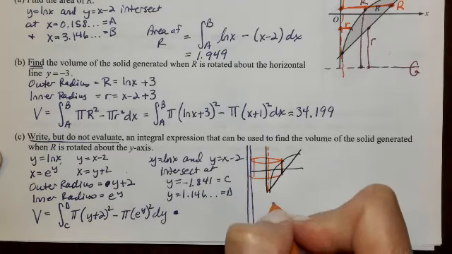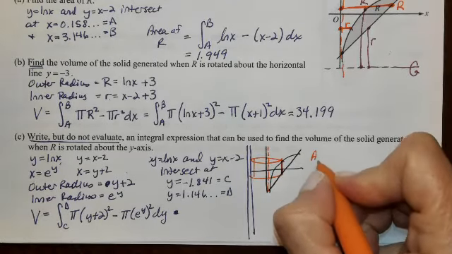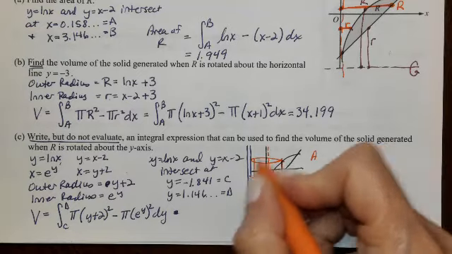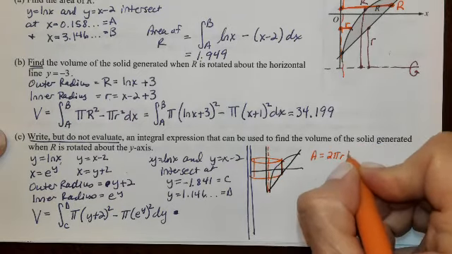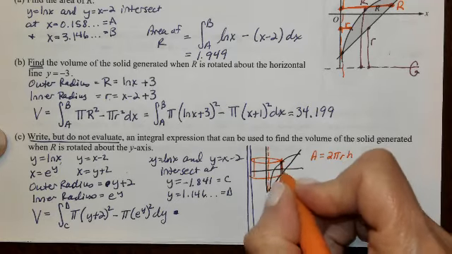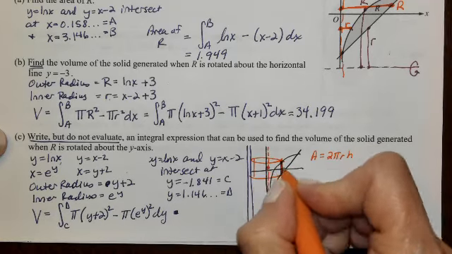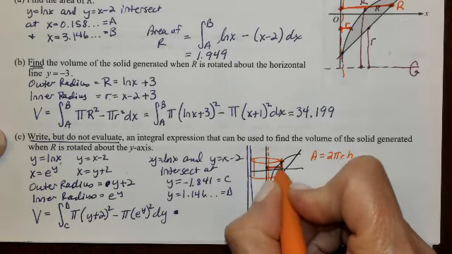Creating that shell. And the area of a cylinder, the area of that outer part of that cylinder, is 2 pi rh. H is the height, r is the distance from your axis of revolution to that slice, right?